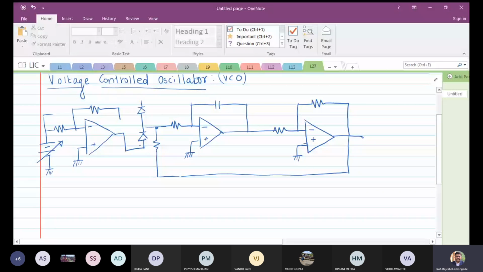It may look a little bit complicated, but it is not. So this basically is the new section. This was our triangular waveform generator.